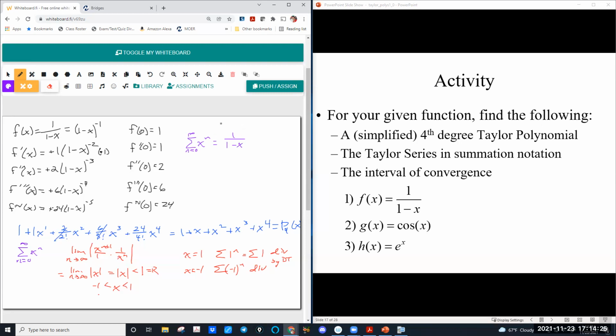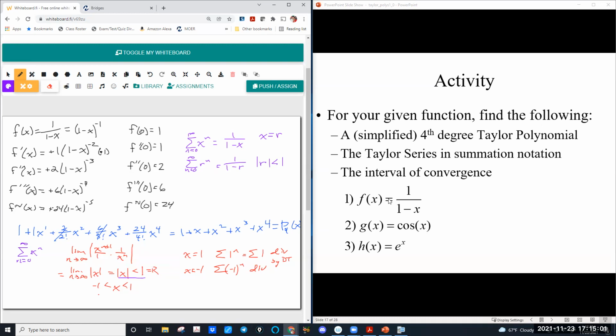Well, we've encountered this before when x was our common ratio. So this is basically geometric. Remember, the sum of an infinite geometric series with a common ratio of r is equal to the first term over 1 minus the common ratio, if the absolute value of the common ratio is less than 1. Again, exactly what we found here.